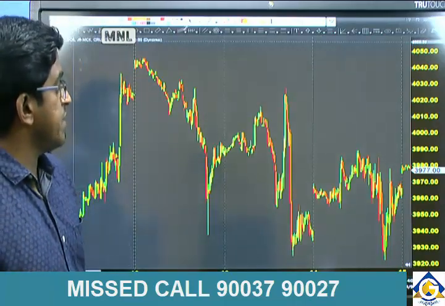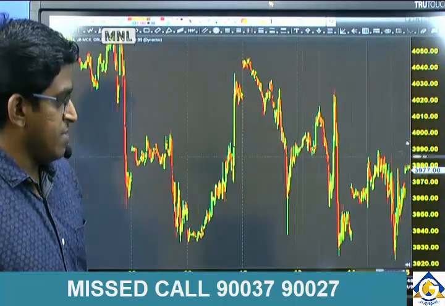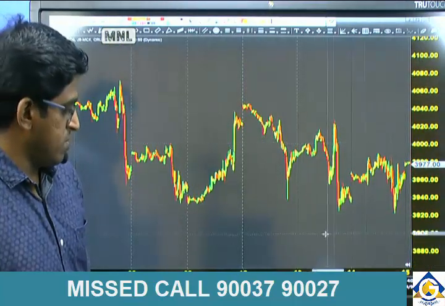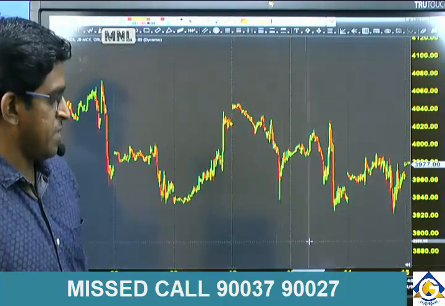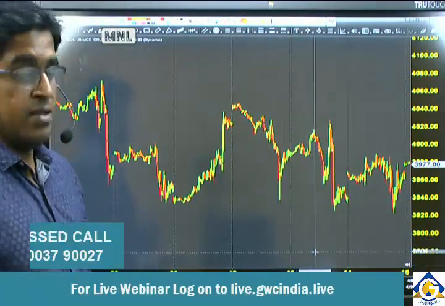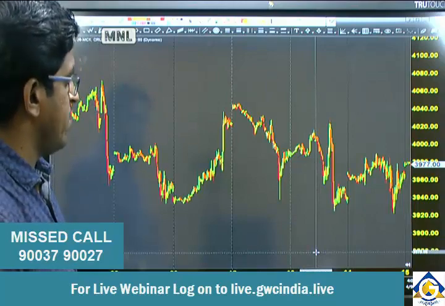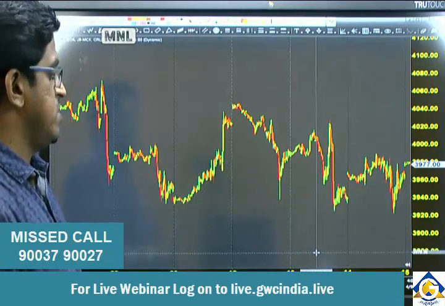Before trying to draw anything, try to analyze the overall trend. Decrease the time scale to the maximum, and you can see something. What is the trend here?